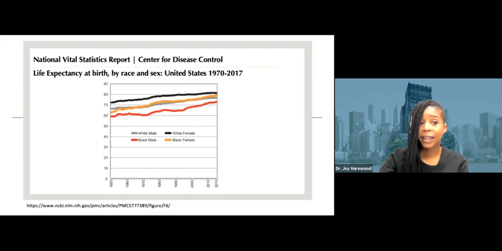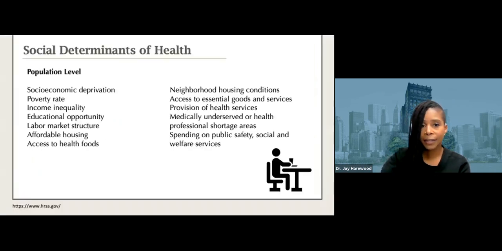As you can see, at birth, the life expectancy is significantly lower for Black males than it is for white females. Now, that is not because there's any genetic predisposition to dying early. That's more because of the factors that are affecting health outside of just the person's body, and that's an individual social determinant of health.